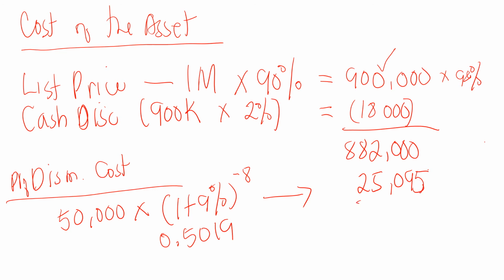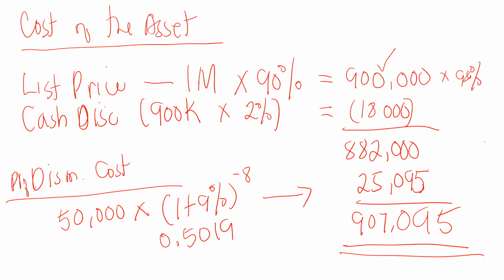So plus 882,000, this will be 907,095. So that is 882,000 plus 25,095. So this will be the cost of my asset. And this 907,095 is the cost of your asset and will be subject to depreciation.